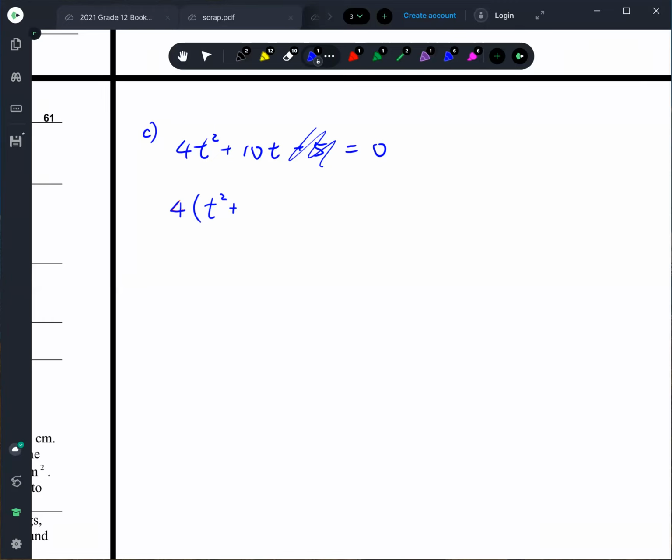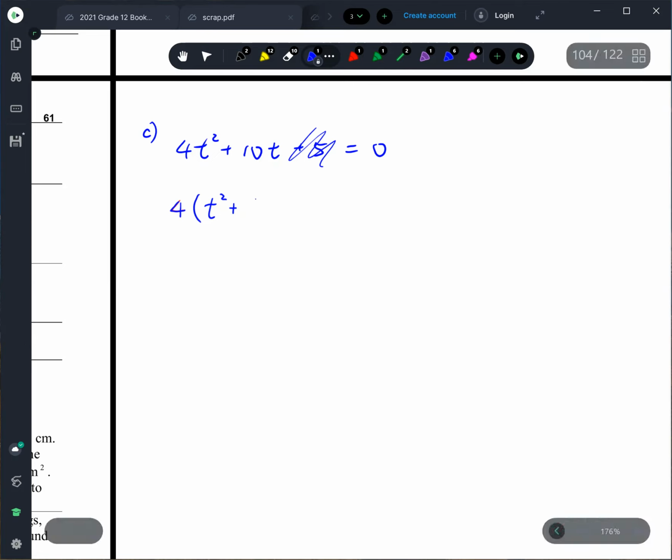Okay, Tony, if we take the 4 out, what's after the t squared? So you divide 10 by 4. That's right. Write it in fraction, what over what?